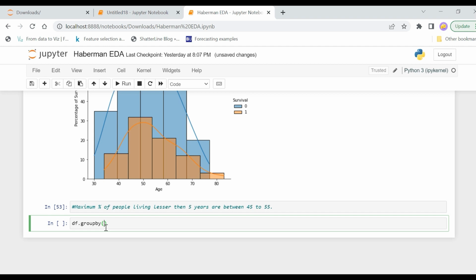You have to do the group by function, df dot group by age, and here I will tell you why I had used the value counts of 0 and 1 for survival.